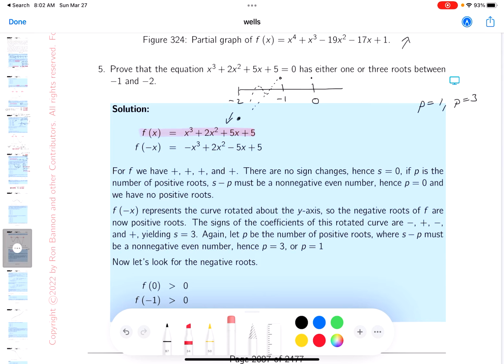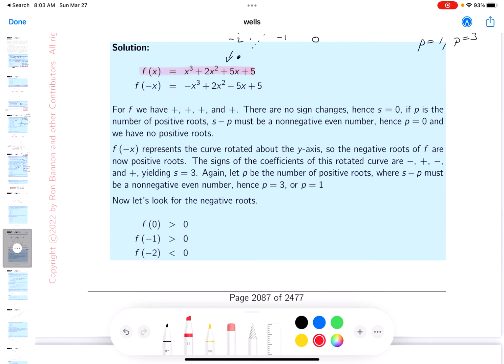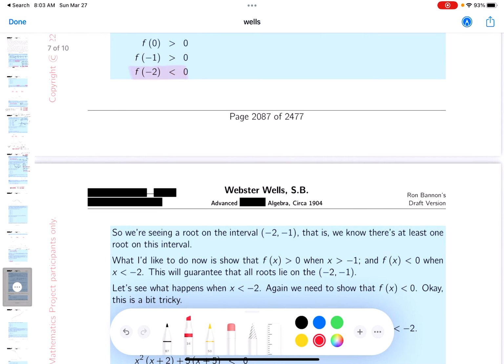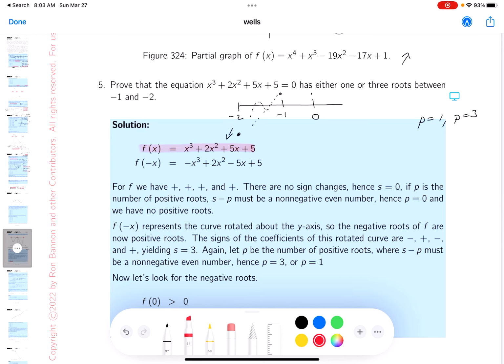I'm going to cut to the chase over here, and I'm not going to put the arithmetic down for you. It's definitely negative there. Now, I'm going to look for a lower bound to the root. I'm going to look for a lower bound, and I'm going to write this over here.